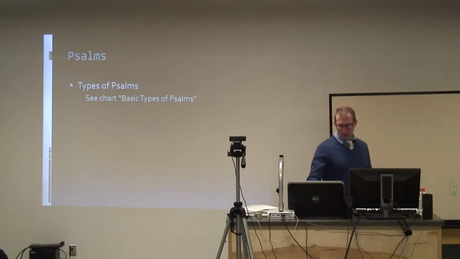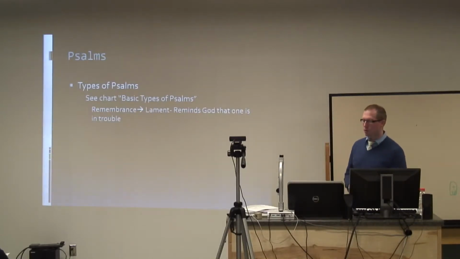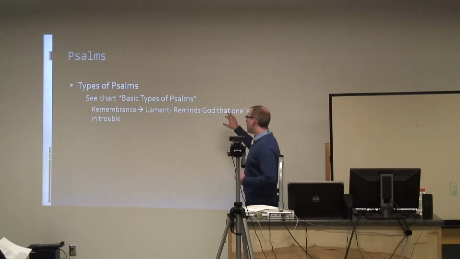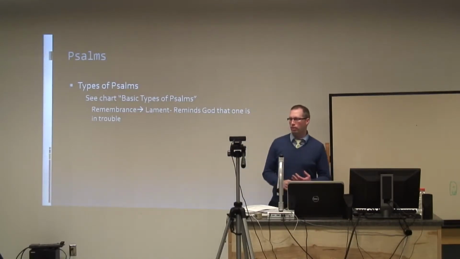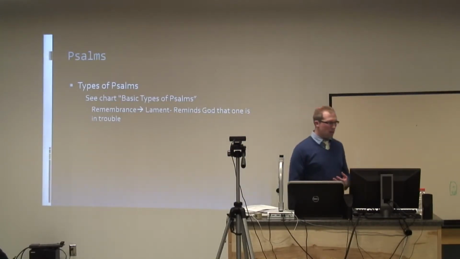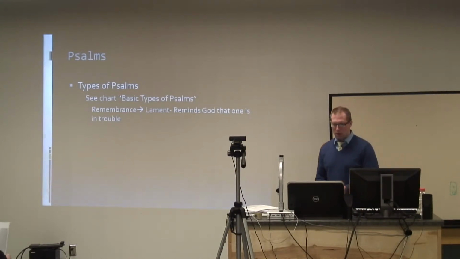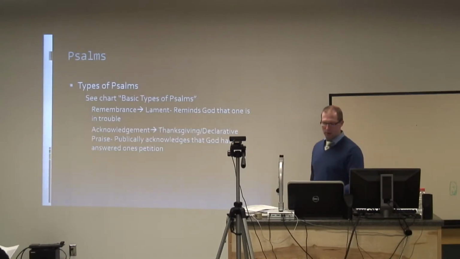The first that is listed here is the Psalm of Remembrance, or a lament psalm. And these psalms of lament remind God that the author is in trouble. You can see it comes from the Hebrew word zakar, that means to remember, or to cause to remember, or to remind. The idea of this type of psalm is to remind God that the author is in trouble, and we call them lament psalms, or a psalm of remembrance.